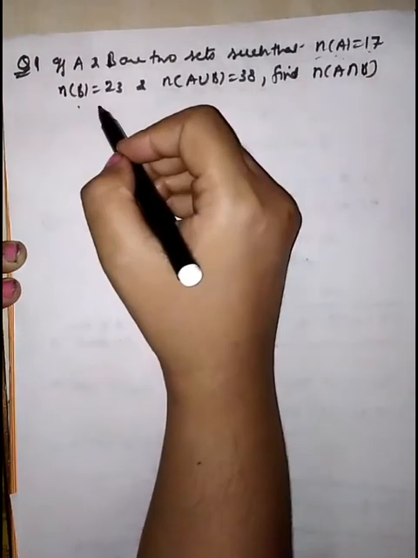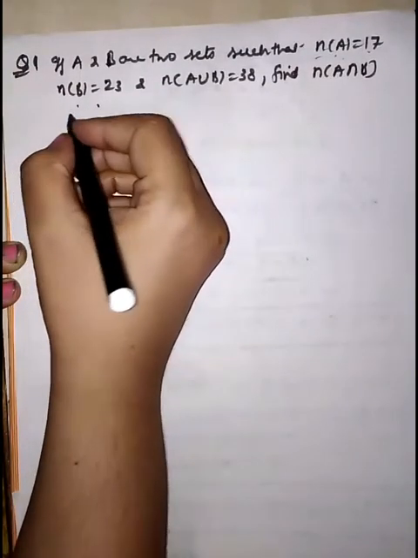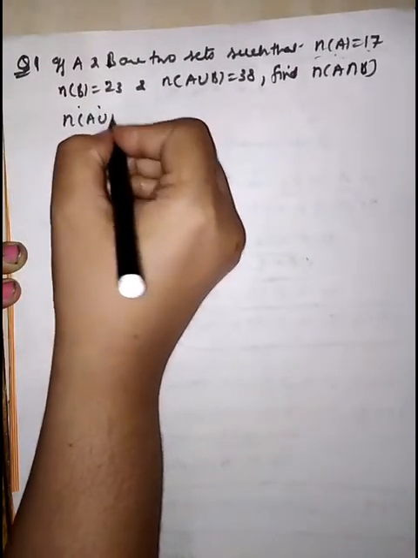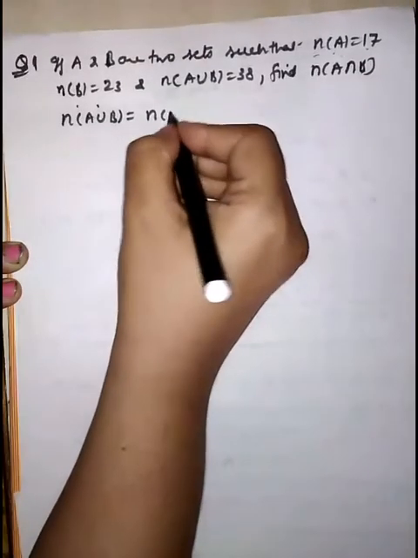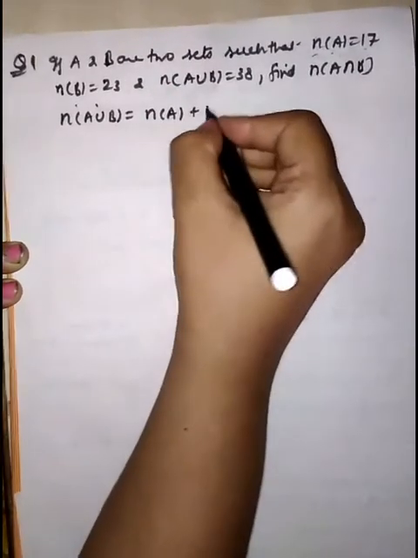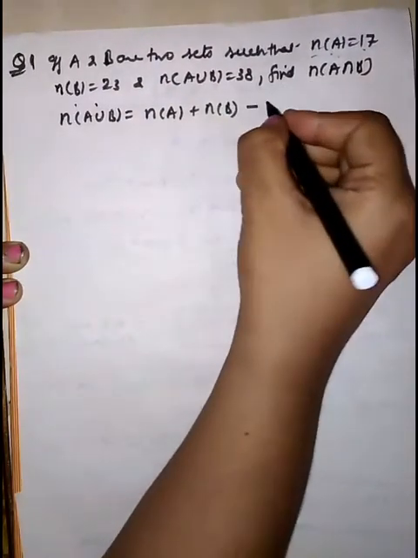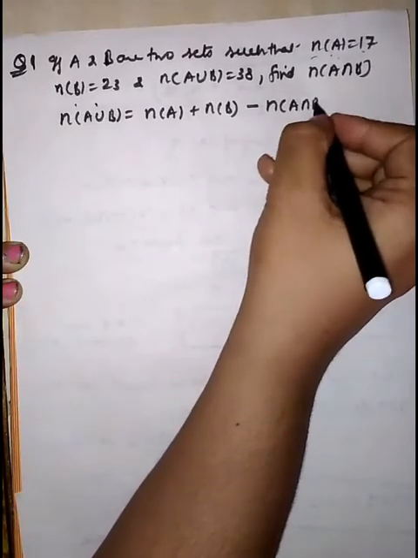So you see here n(A) is given, n(B) is given, n(A union B) is given, and you ask for n(A intersection B). So using the result, n(A union B) equal to n(A) plus n(B) minus n(A intersection B).